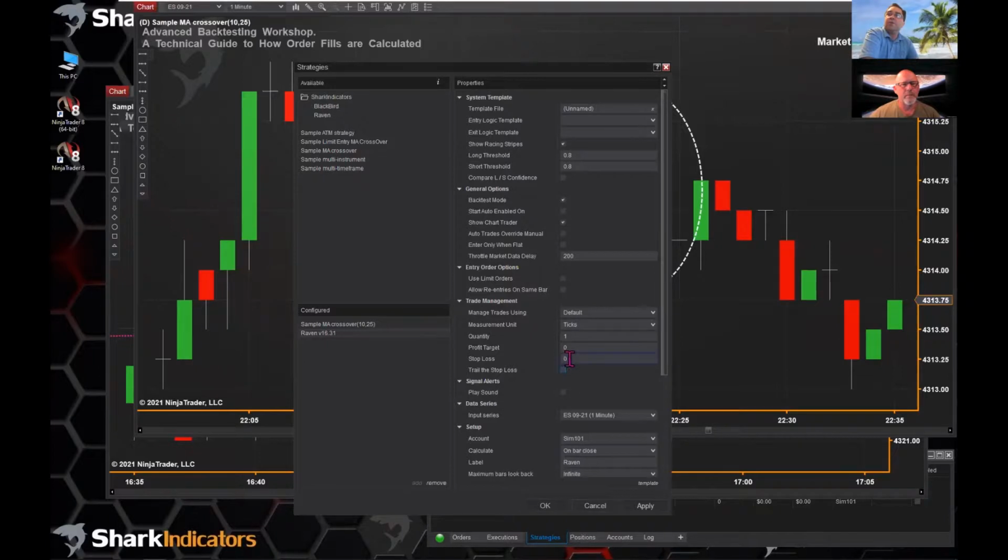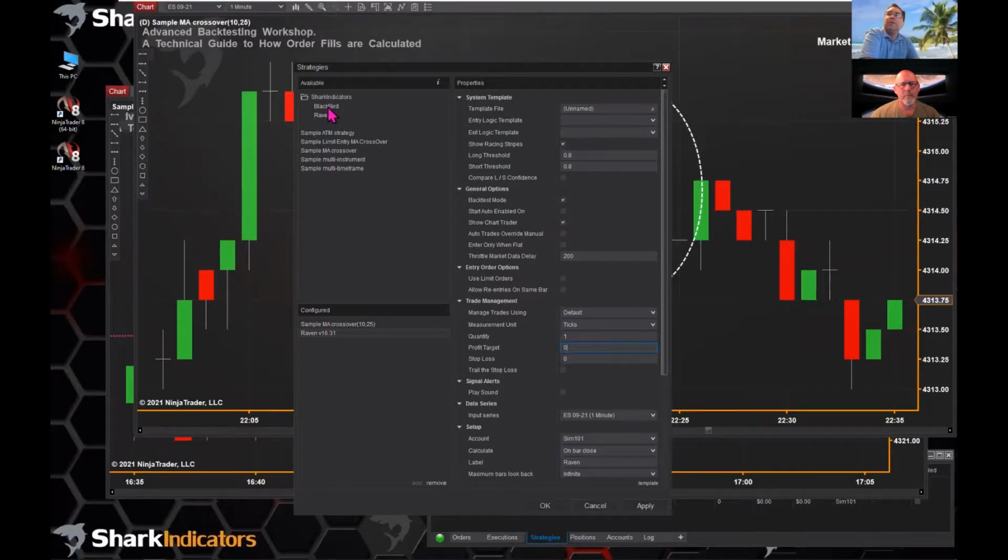So from the functionality standpoint, Raven is pretty limited in its backtest capabilities. So obviously that could introduce not inaccuracies, but just limitations as to backtesting your system.